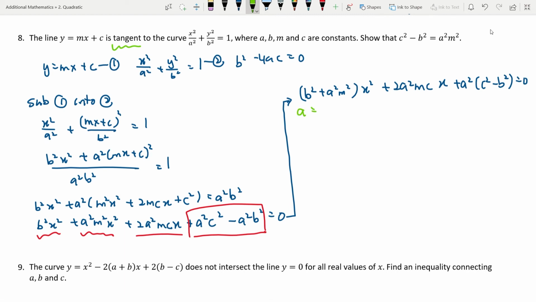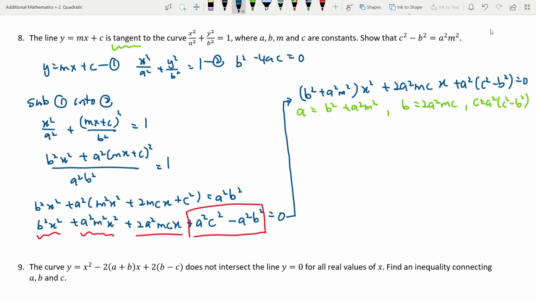Hence, our a is b squared plus a squared m squared, b is 2a squared mc, and c is a squared (c squared minus b squared).